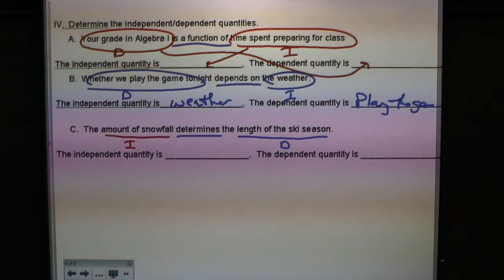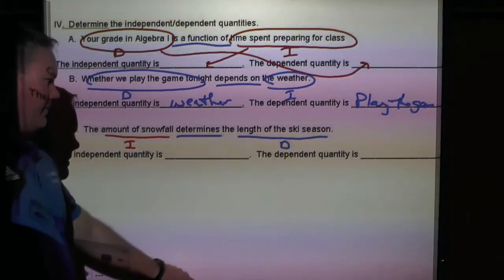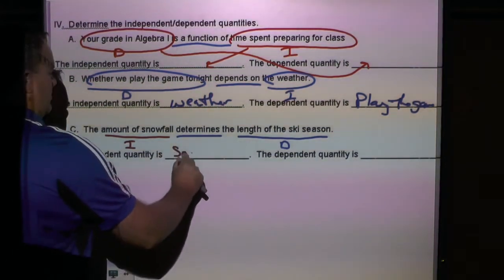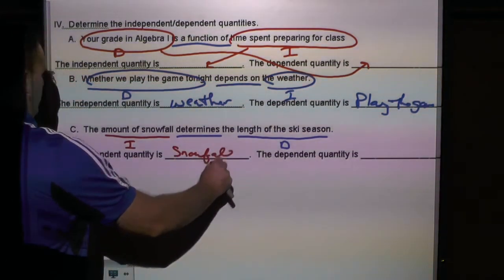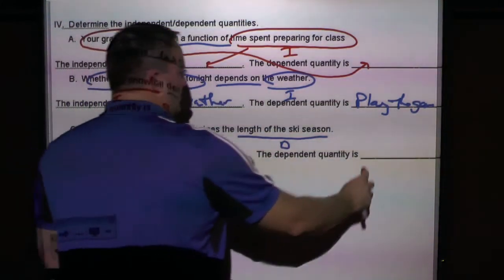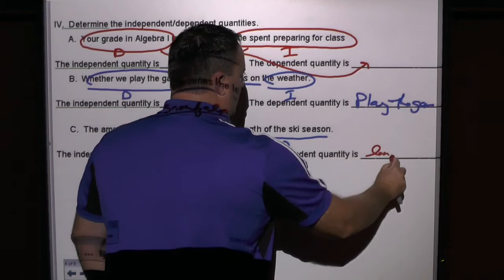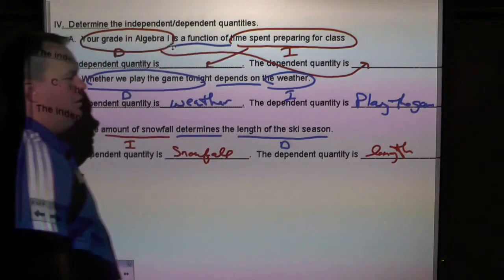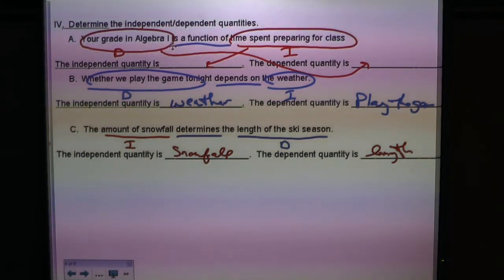So I want to make sure you see that. A determined statement is backwards from the other two. So, the amount of snowfall is your independent quantity. The length of the ski season, that is your dependent quantity.